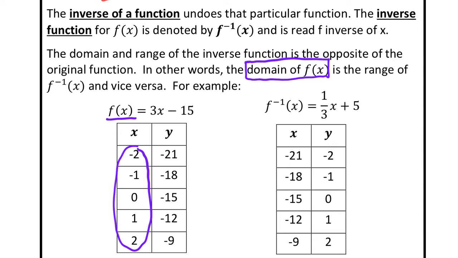The statement says the domain of f of x is the range of f inverse of x. So if I look at the f inverse of x table, what does it mean by range? We're talking about the y values. So what are the y values of this table? These values.